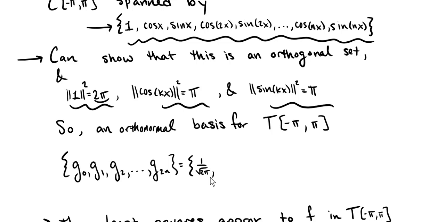The second vector divided by its norm, and so on. Divide all these by their norm. The rest of the norms are all just root pi, though. That makes an orthonormal basis for T of negative pi to pi.